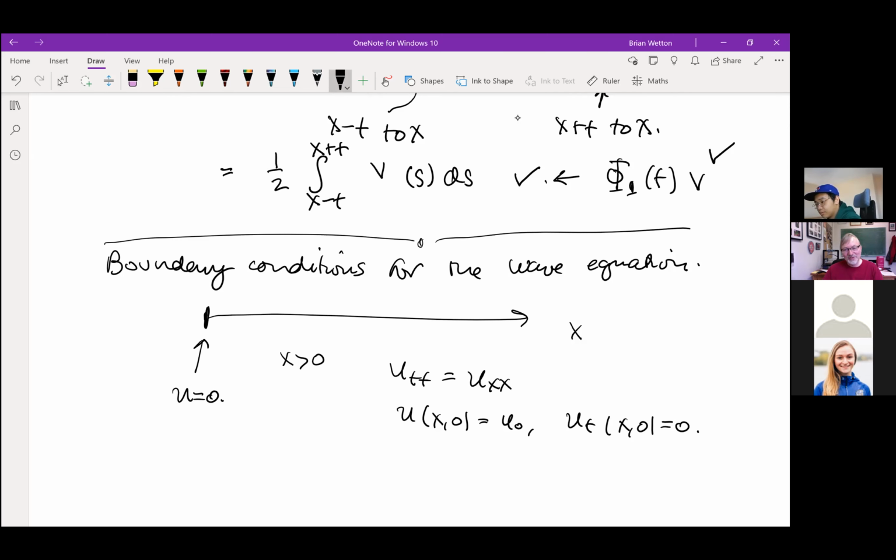If this was the semi-infinite stretched string, then u is like the vertical displacement in the stretched string that has got wave motion back and forth. So setting u equals 0 just means you've tied the string and it can't move up and down at that point. So this is u equals 0, for all t.